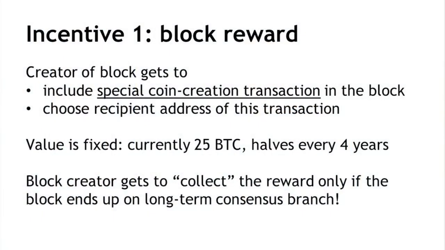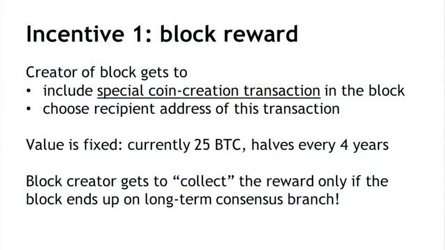But let me ask you this. It appears, based on what I've said here, that this node gets the block reward regardless of whether it proposes a block with only valid transactions or it behaves maliciously. So how are we actually providing any incentives for honest behavior via this block reward? But think about this. How will this node get to collect its reward? That will only happen if this block ends up on the long-term consensus branch, because that's the only case in which this coin creation transaction will be considered valid, because the coin creation transaction is not special.